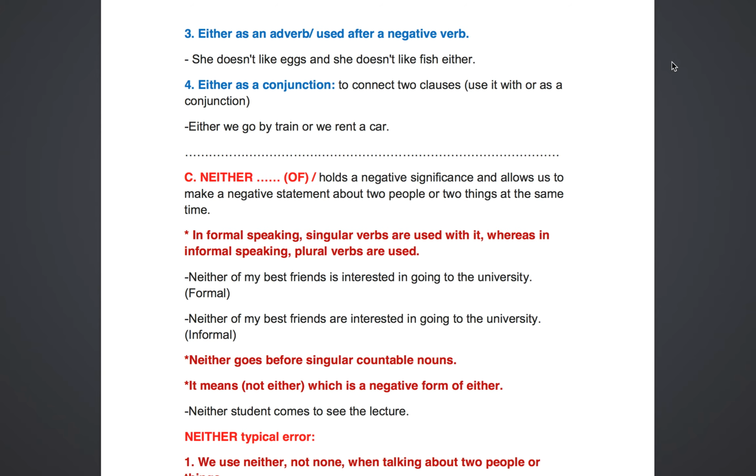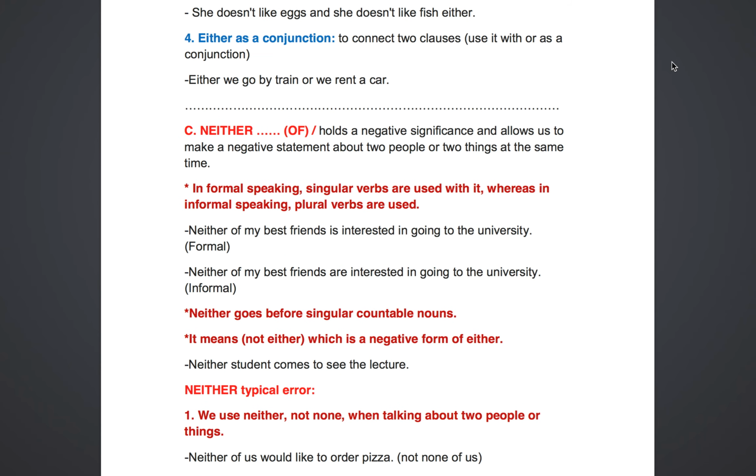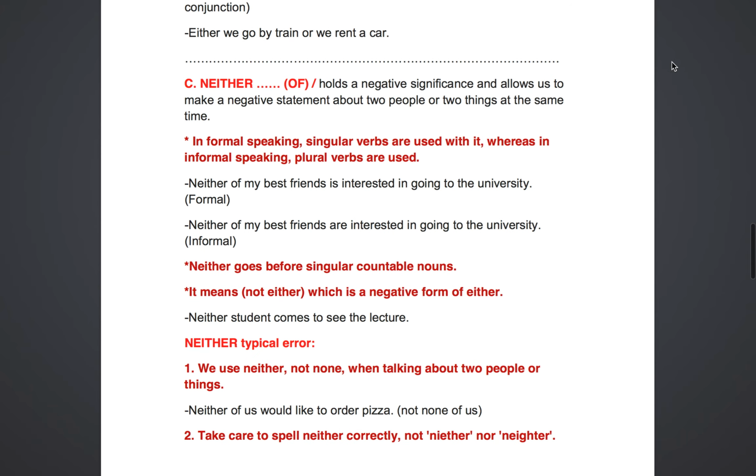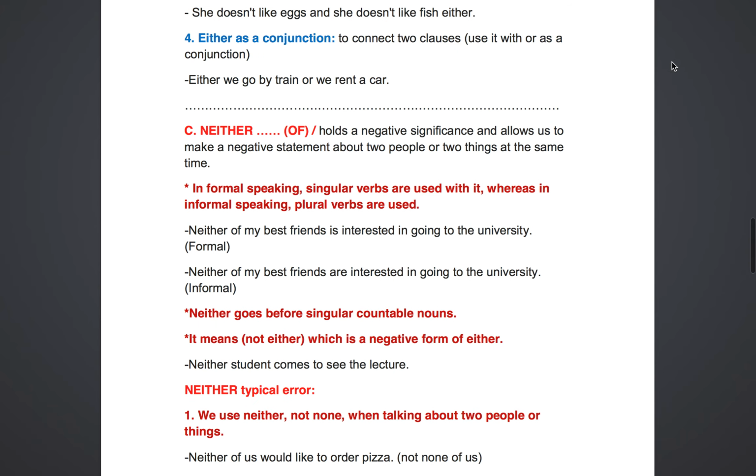The first one, we go by train, is the first clause, and we rent a car is the other clause. Here, either...or is a conjunction that links these two clauses together. What's important to know is that you can use it as a conjunction. This is the usage of either that we have.